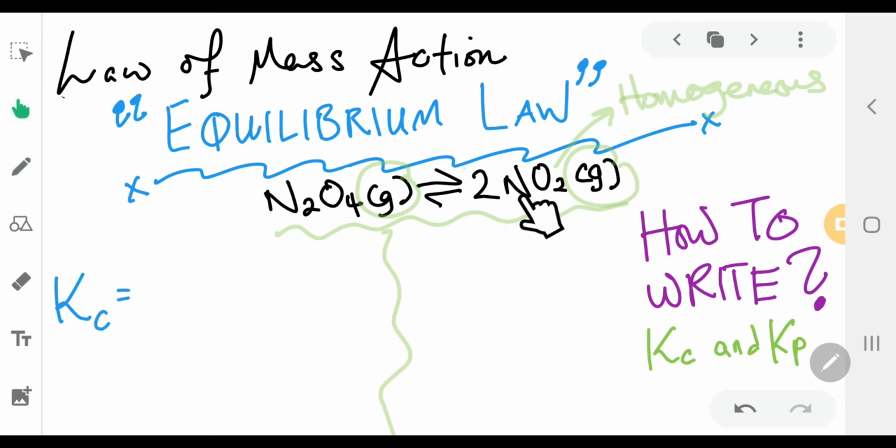The Kc is, you have NO2 here, square brackets, NO2, close that bracket, and you have 2 in front of that.